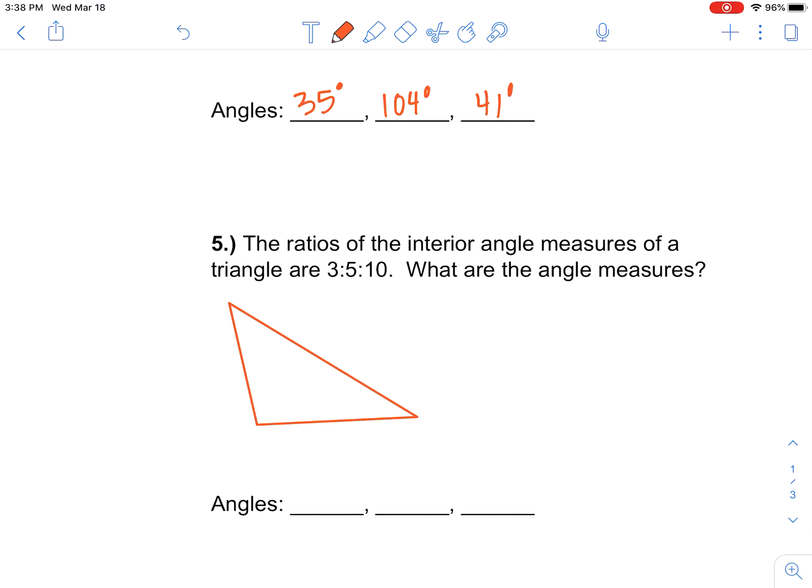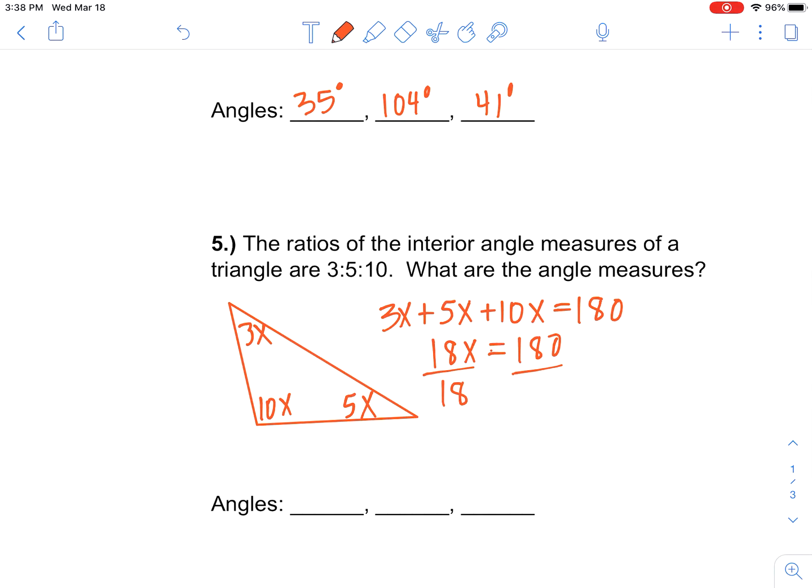Any triangle will do. Make the largest angle 10x for a ratio. Make one of the angles 3x for a ratio. And make another angle 5x for that ratio. So in order to solve for x, we're going to take all of our terms, add them together to get 180, combine those like terms to get 18x equals 180, divide by 18 to get x is equal to 10.